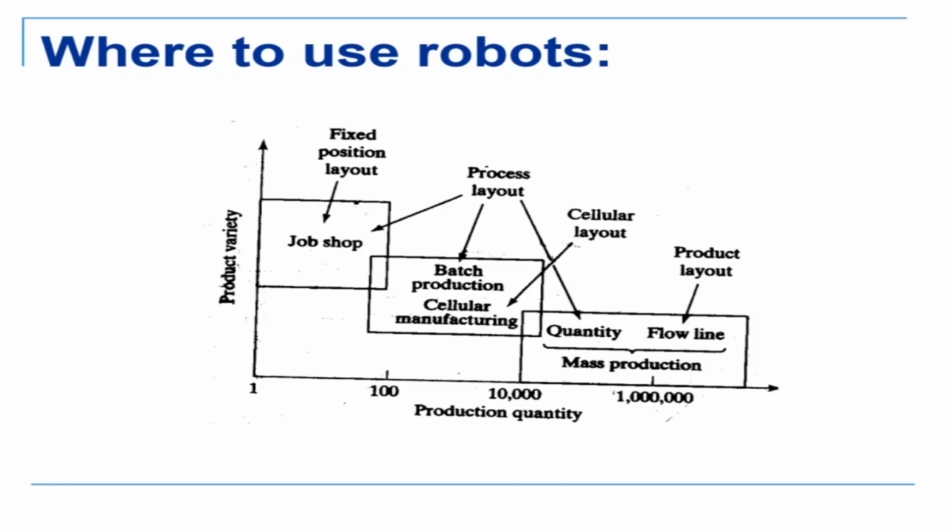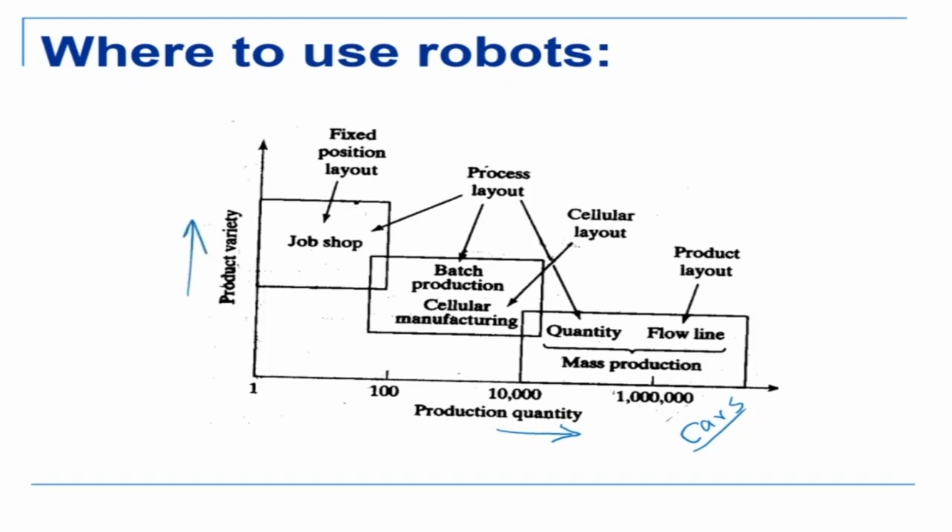Now, this graph essentially shows the layout of the production or manufacturing system. We can divide manufacturing activity along an X and Y axis, in which the X axis is the production quantity. For example, cars: we produce a very large number of cars, say more than a lakh or 10 lakh cars of one type, but the variety could be low.